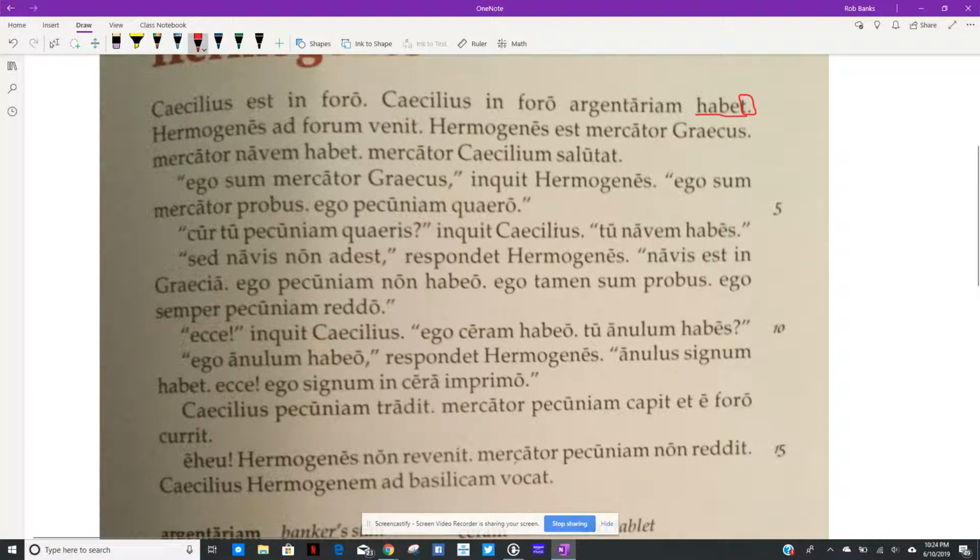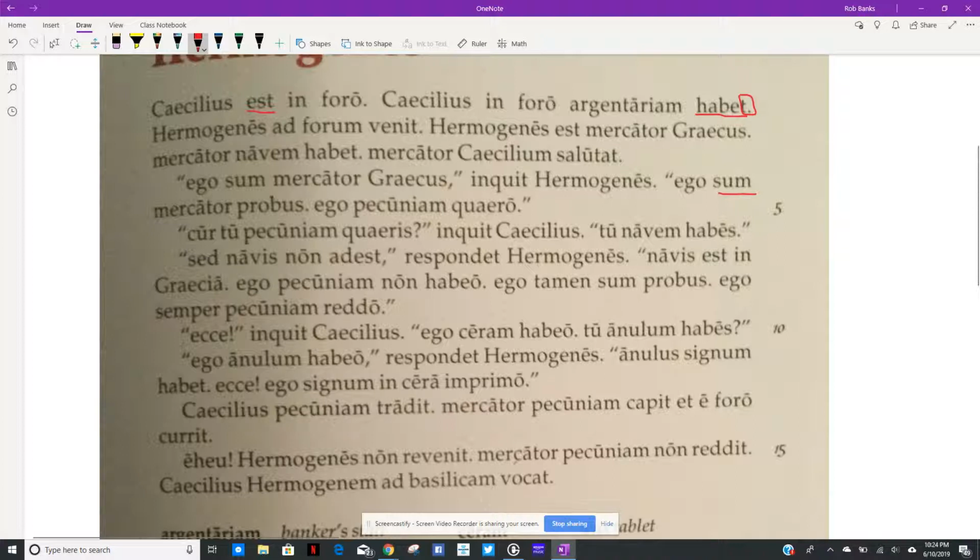If it ends in O, it's going to be I something. But there is going to be this exception of sum. Sum is I am. So for the most part, I something verbs are going to end in O, but sum is an exception of that we'll see. So let's just underline all the verbs here, see if we can identify what person they all are.